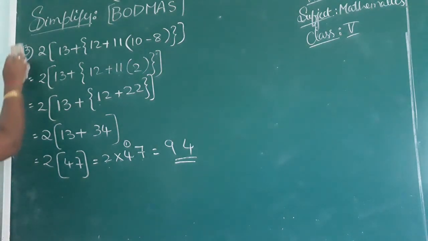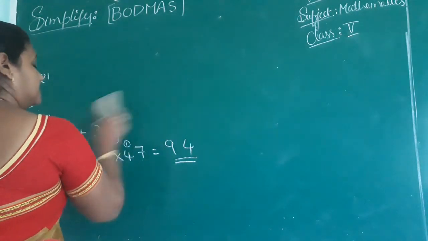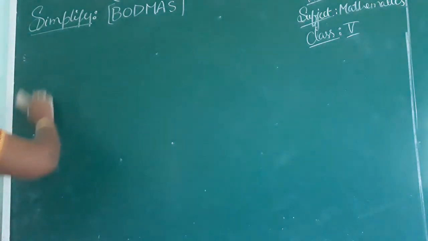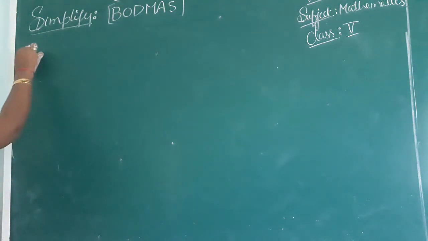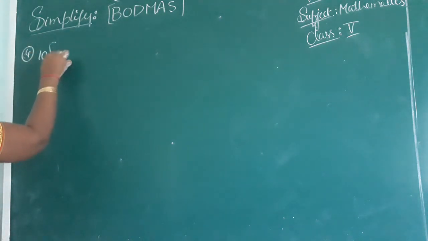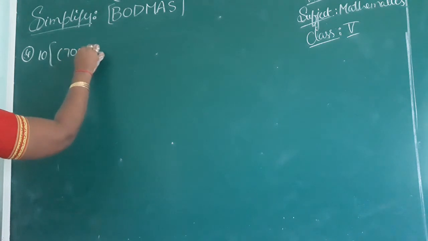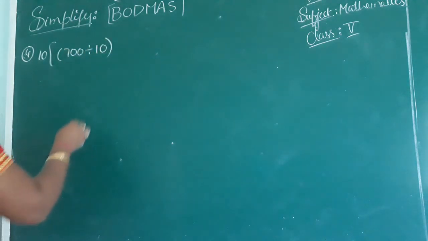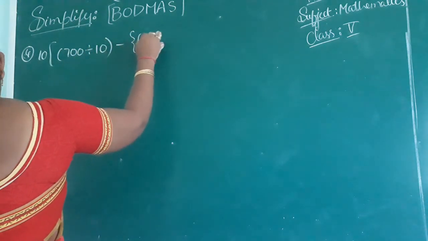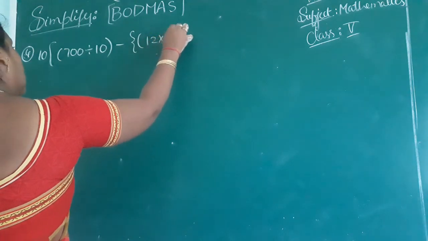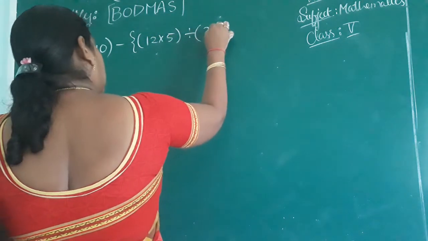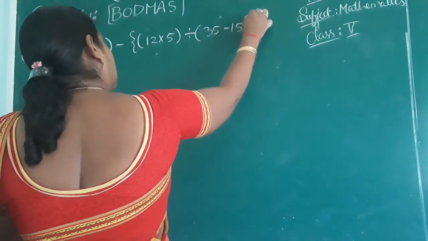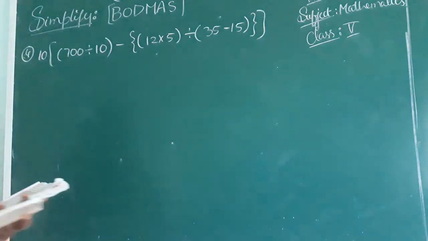Fourth one. 10 of 700 divided by 10 minus of curly bracket 12 of 5 divided by 35 minus 15, curly bracket and then square bracket.